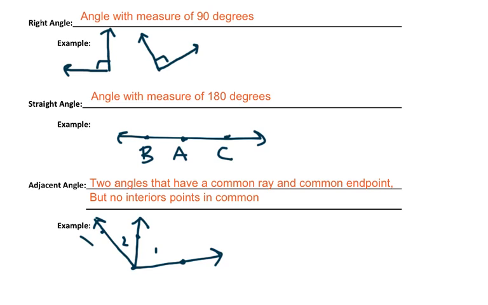So I'm going to put X, T, J, and W. So adjacent angles have a common ray, so I'm going to highlight the common ray here. They have that in common. They have the endpoint in common, but they don't have any inside in common. So angle 1 and angle 2 are adjacent angles.